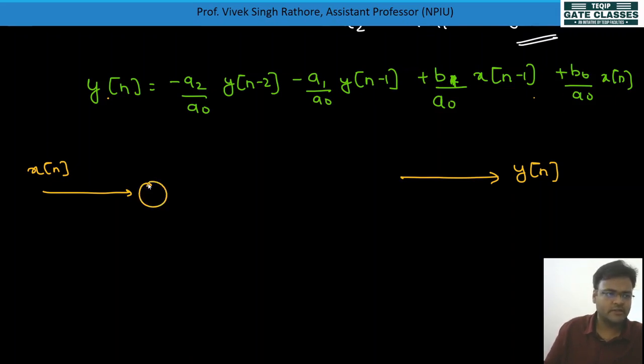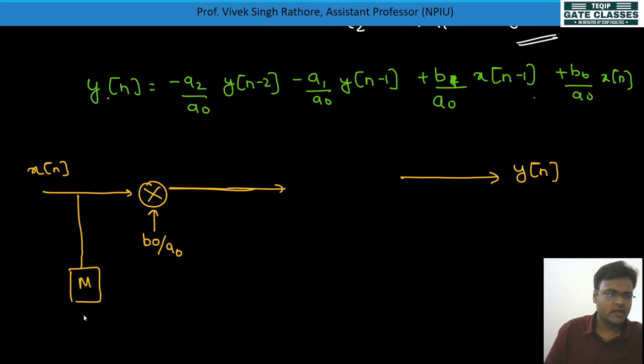So we can write it like this, and we can make b naught by a naught. We have just multiplied x of n and sent it to the output. Okay, and only this term is not there, na. We have to add this term also. So maybe one delay factor will be there, one delay factor. Let's suppose I will write m for delay.